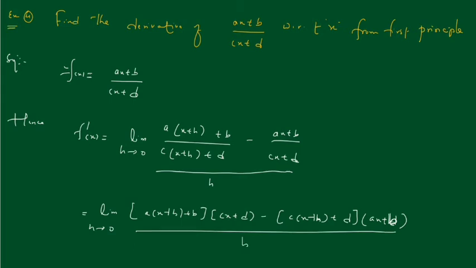Just cross multiply here. Just by cross multiplying, remaining write down as it is here: h into (c into (x plus h) plus d) (cx plus d), right?